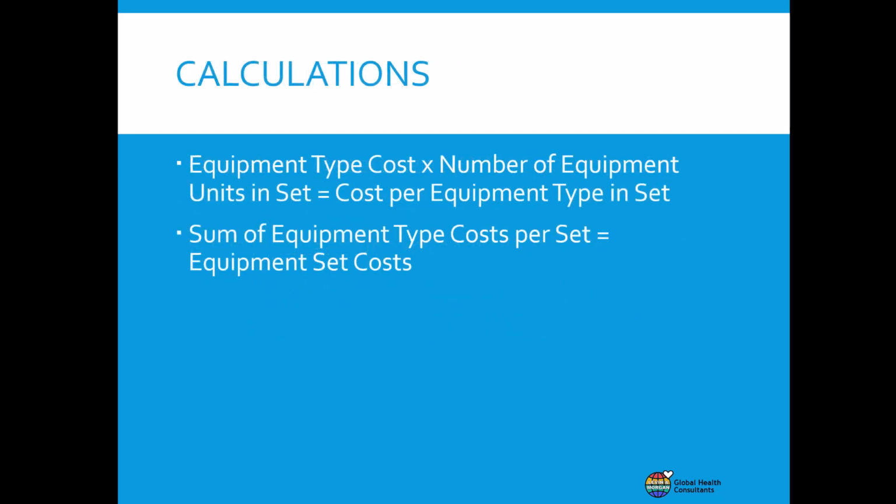For the calculations, we're going to be saying the equipment type cost times the number of equipment units in a set equals the cost per equipment type in set. And the sum of equipment type cost per set equals the equipment set costs.